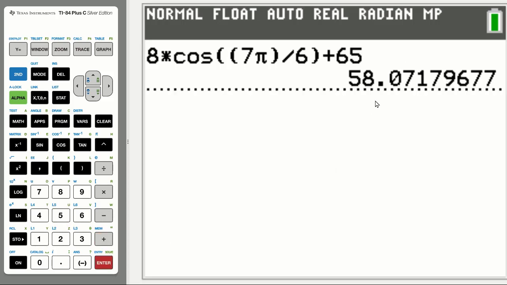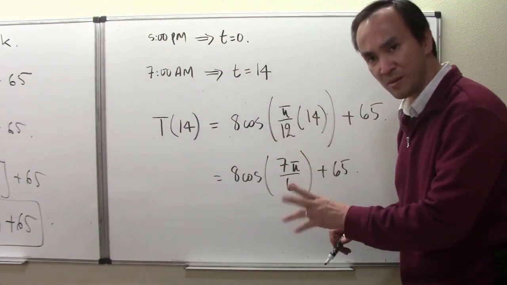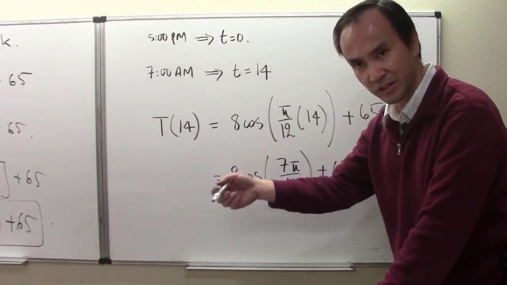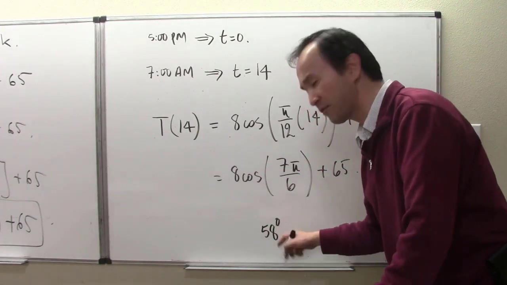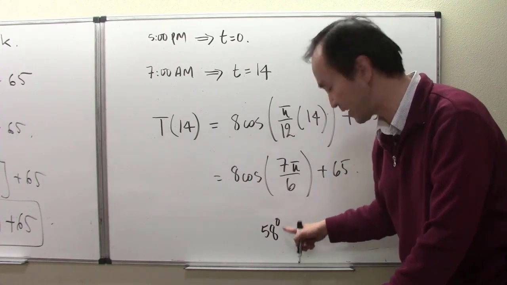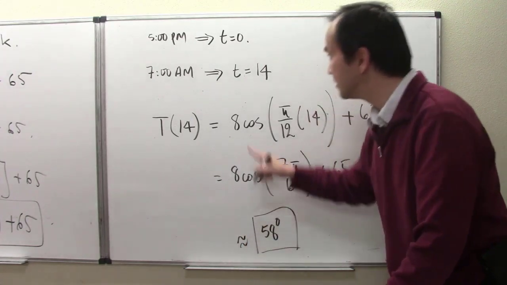Or in decimals, 58.07179677 and a lot longer. But so now, according to the rounding requirements of the problem, round to the nearest degree, then we're now looking at just about 58 degrees. What it says is to the nearest whole degree right there. So it's about 58 degrees, okay, at 7 a.m.